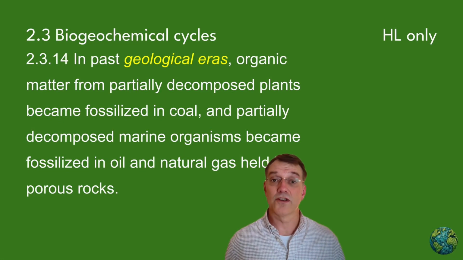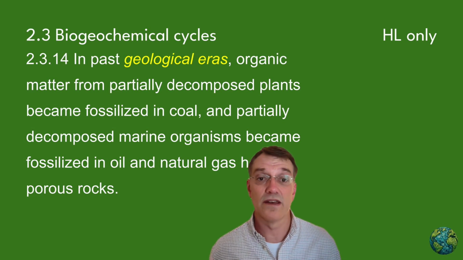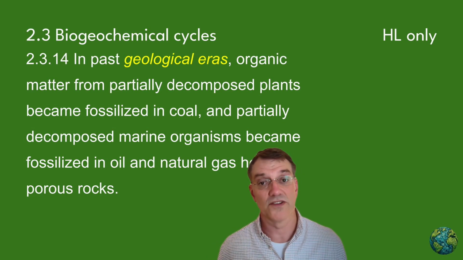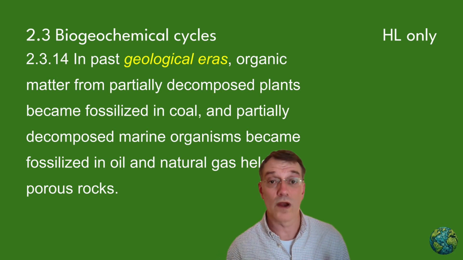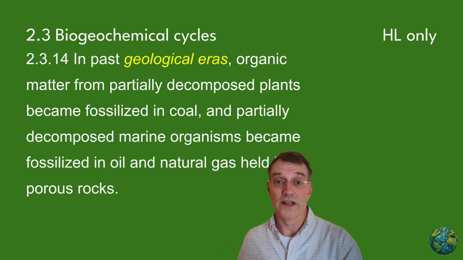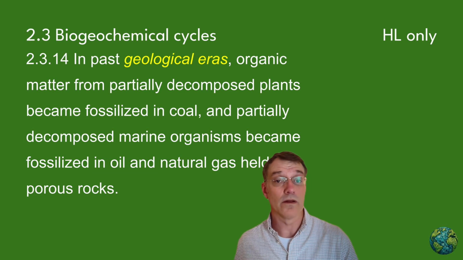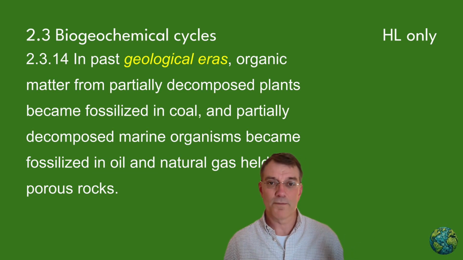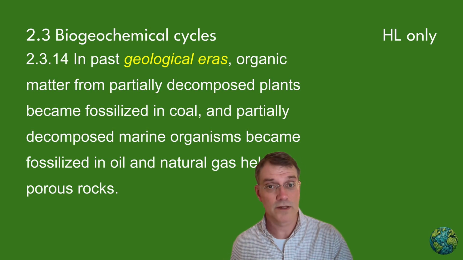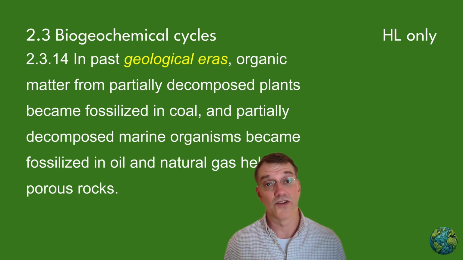In past geological eras, different types of organic matter underwent distinct fossilization processes. Plant material in swamps and forests became coal through one pathway, while marine organisms in ocean sediments became oil and natural gas through another pathway. The type of fossil fuel formed depended both on the starting material and the environmental conditions.